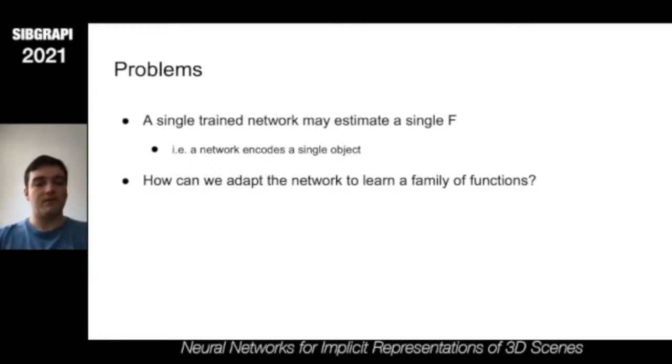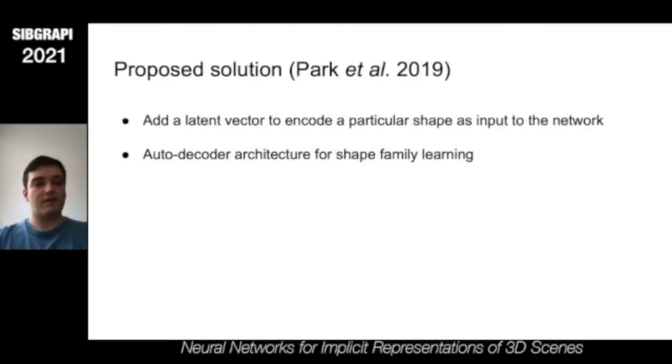However, then comes the question: how can we adapt the network to learn a family of functions instead of learning a single function at a time? Park and others propose the addition of a latent vector as an input to the network in order to encode the particular shape.